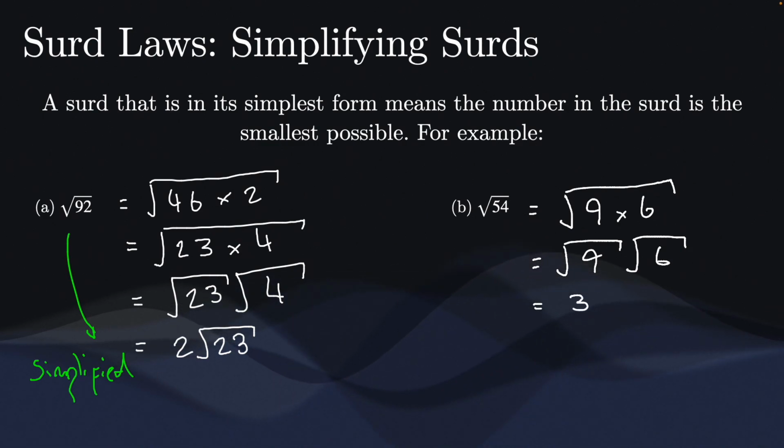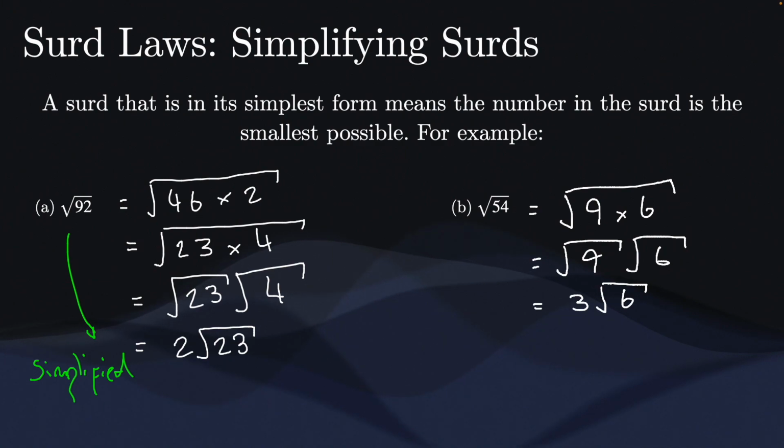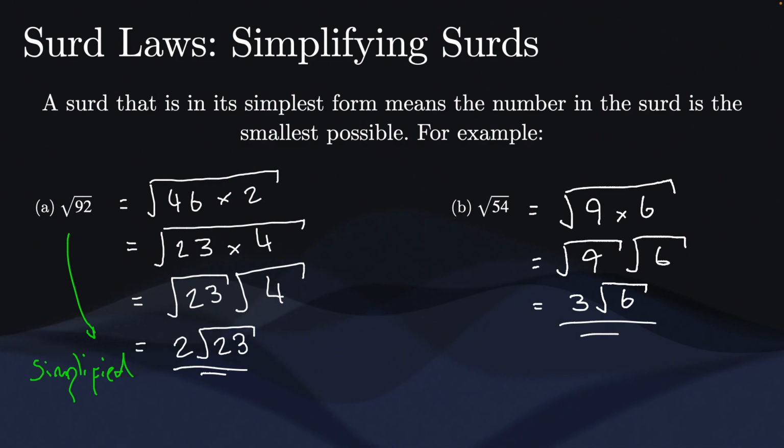And 6, like I said previously, isn't a square number, which means 6 can't be square rooted to make an integer or a whole number. Therefore, we leave 6 as it is. So the square root of 54 is equal to 3 root 6. And that's it. That is simplifying surds.